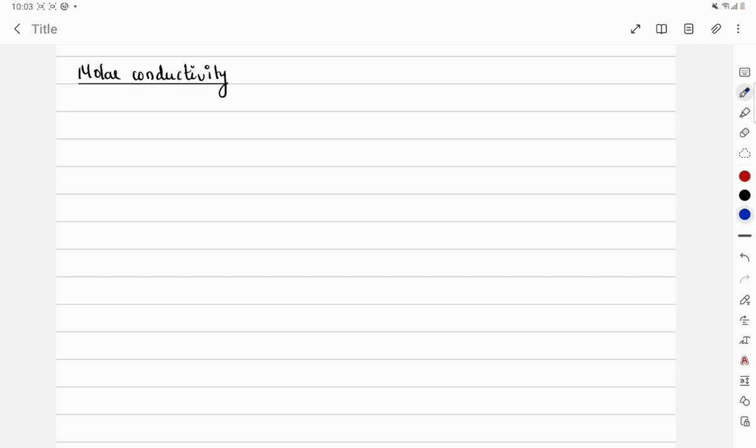Molar conductivity means the conductivity of electrolyte per mole, or the conductance produced from 1 mole of electrolyte of the ions. Molar conductivity and molar conductance can be used interchangeably. Both are quite similar.